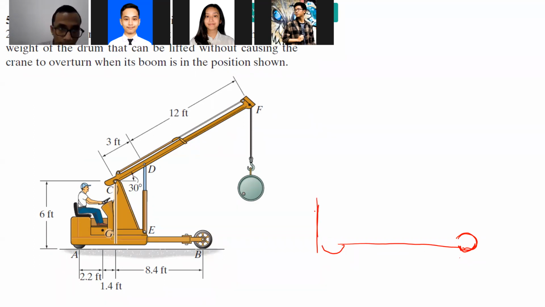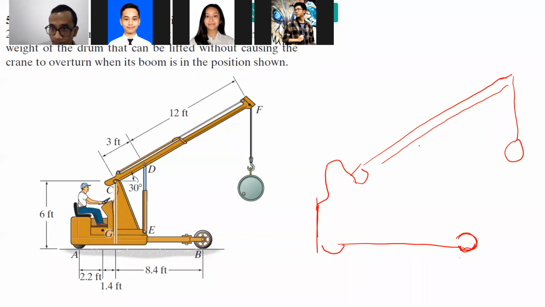Going up with the driver, everything. And then we go for the weight. And then it will be going down here with the weight. We can just draw it like this, right?